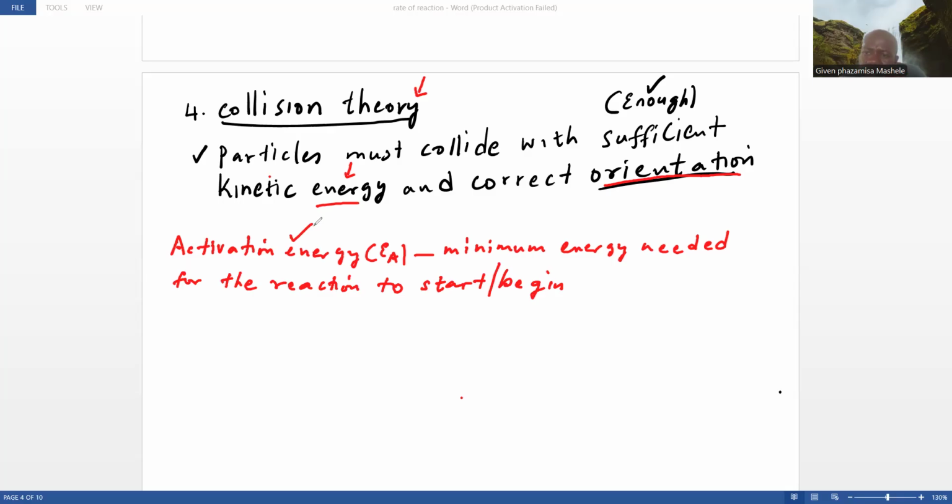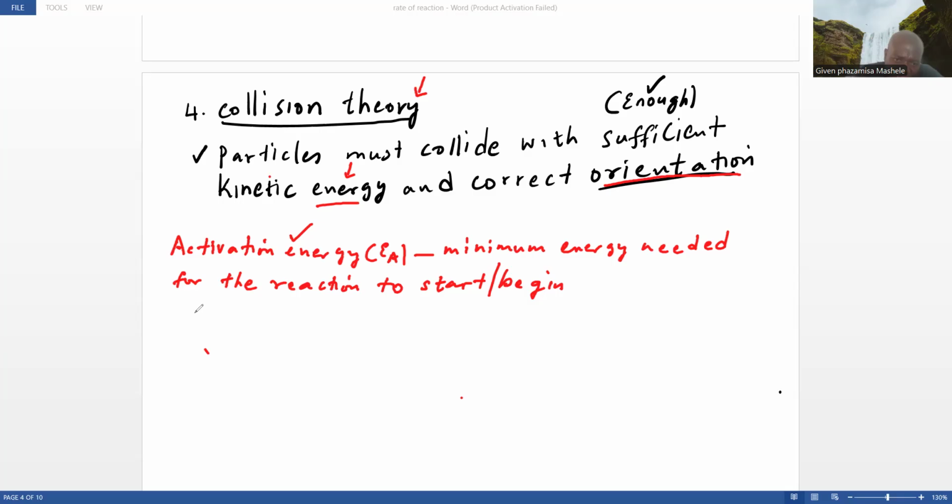And what does it mean by sufficient kinetic energy? Actually, let's use the word sufficient energy. Obviously, when we talk about an energy that is sufficient, it should be an energy that is bigger or equal to the one that is needed for the reaction to start.